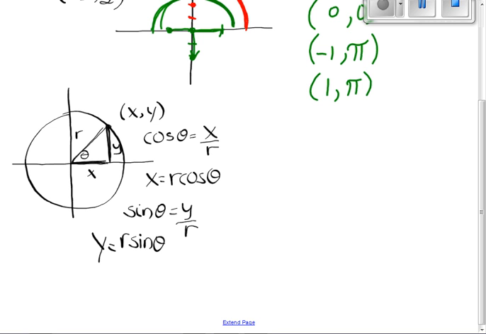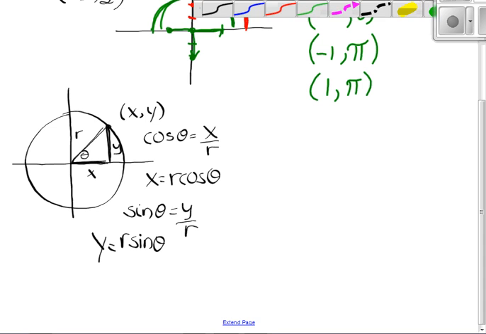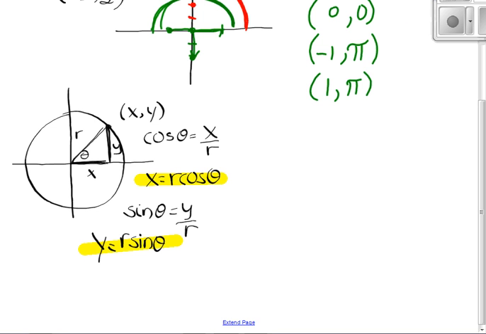And since I can't get to my tools, I will do it this way. Okay, so you need to know this. You also need to know that x squared plus y squared is equal to r squared, so that's pretty obvious, right? And what's my angle?